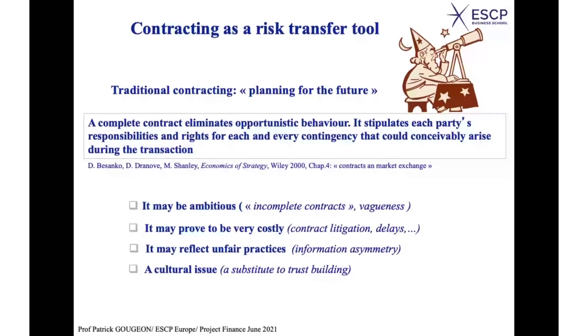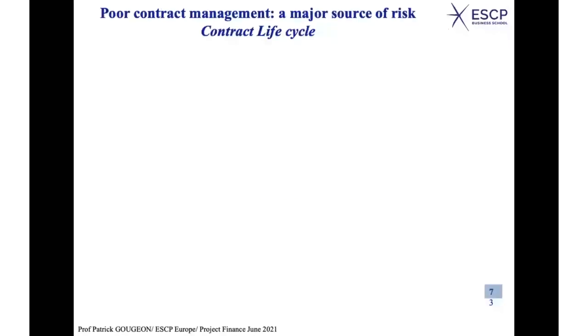Okay, so because contract is so important, the last thing to do to deal with that is to look at the way to build an efficient contractual policy. Okay, and I will conclude the discussion with an analysis of what we call the contract life cycle to put forward the major approach to contracting that would lead to, let's say, more efficient contracting.